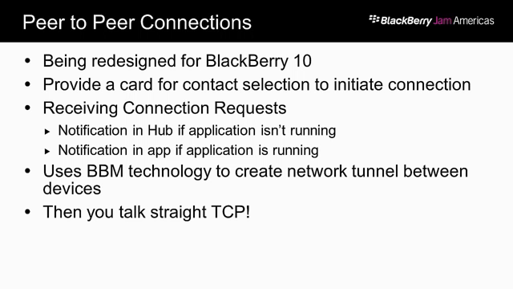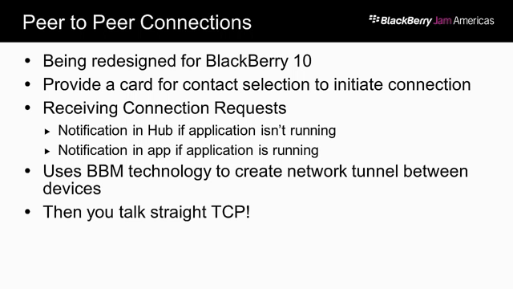We're going to take the hard work away from you in connecting the two devices. We'll be using the BBM technology, similar to how BBM video and BBM voice works, to create that network tunnel between the two devices. Once that's established, essentially we hand off an IP address to you that you can use to talk, and you can talk straight TCP. So make a socket connection and send data directly between the two devices.